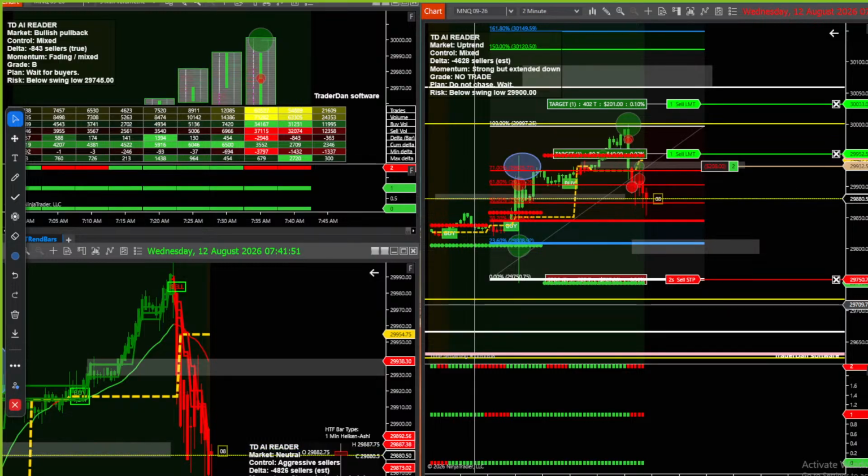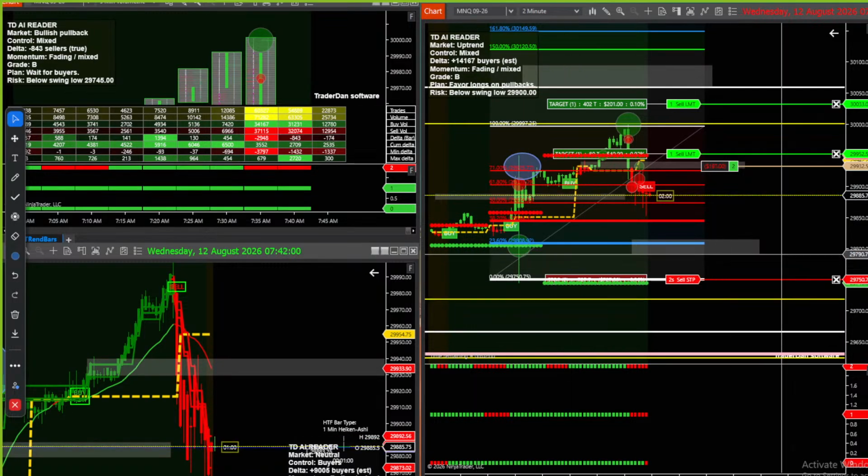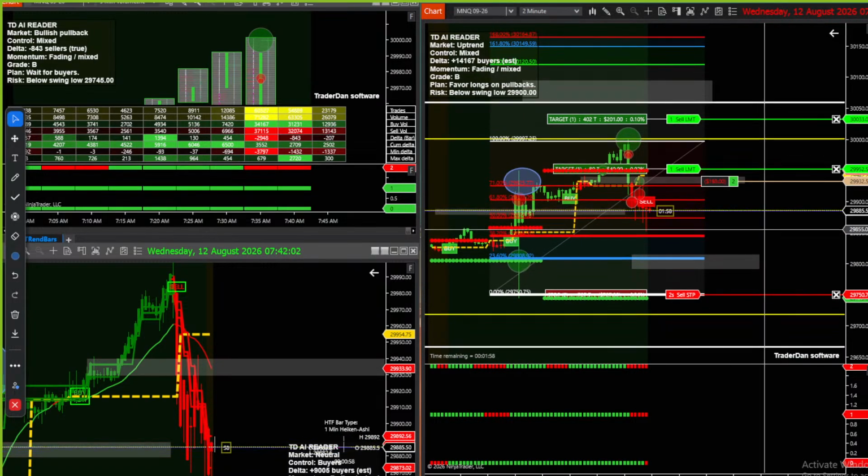Our delta is increasing 3,000 contracts. Come on, what are we doing here? 2,000 buyers coming in this market with the equal sell side coming in on it as well.